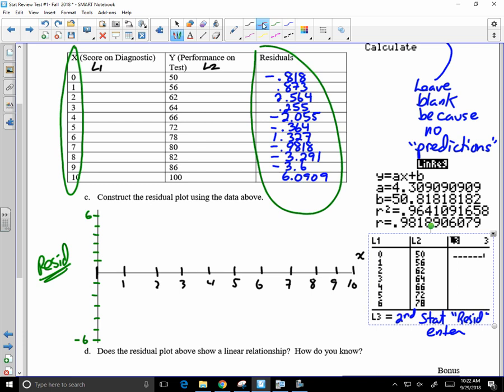So -0.818, positive 0.87-ish, something like that. 2.5-ish. So like 0.25, -2 and change, like right about -0.4-ish, about right.